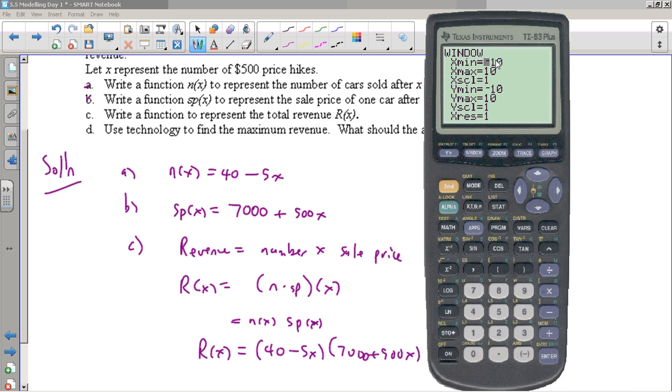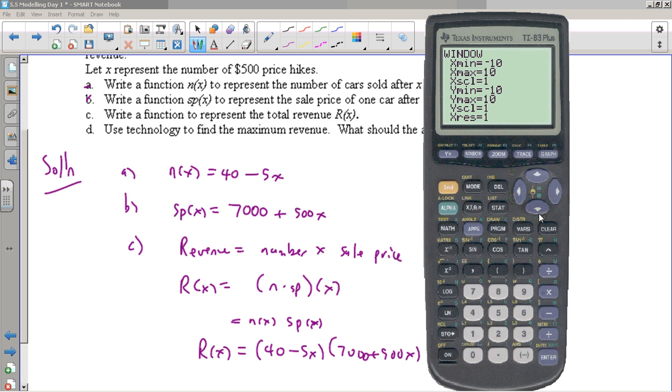Could I have a negative price hike? A negative price hike would be lowering the price, and if that meant more customers, that might mean more revenue. So yeah, let's include some negatives, and then I'm going to look for the revenue, and I don't think the revenue will be negative, but let's get some numbers in here.